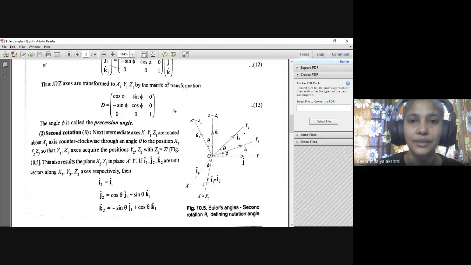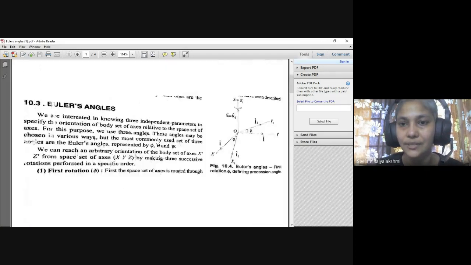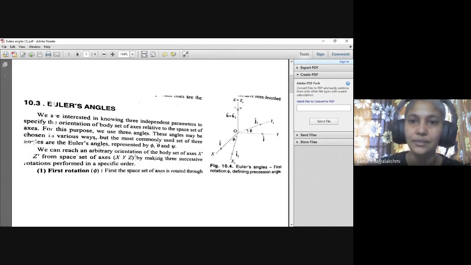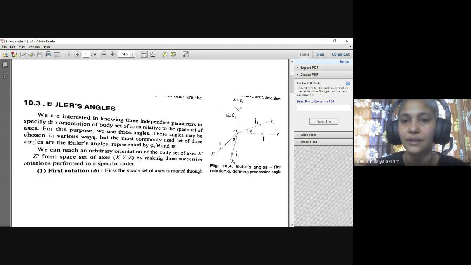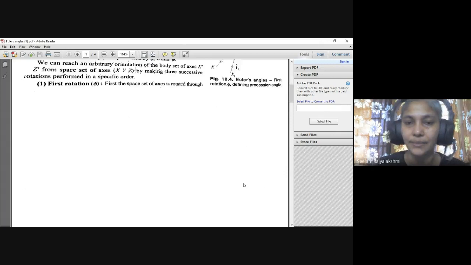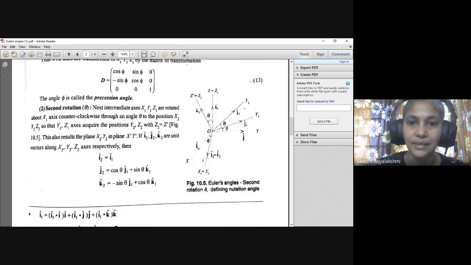Already in the first rotation, x moves from x to x1, y from y to y1, and z is constant. Now in the second rotation we consider theta.